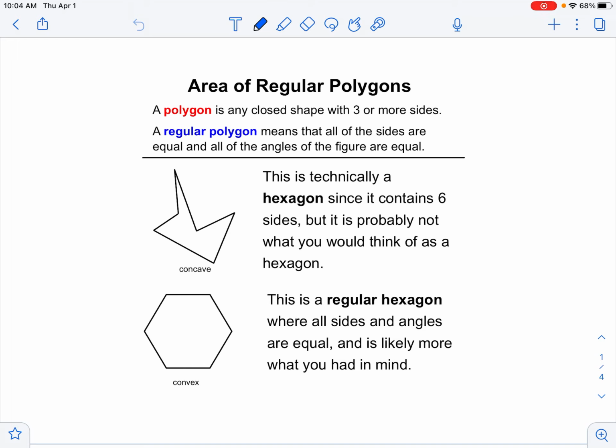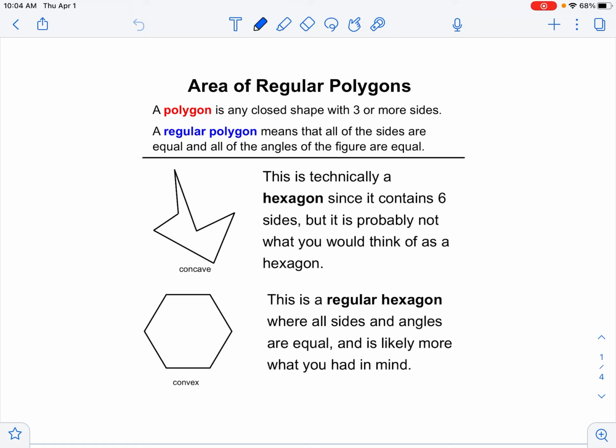Okay, so first off, a polygon is any closed shape with 3 or more sides. A regular polygon means that all the sides are equal and all the angles are equal. So if you look at right here, we also have 2 different types of polygons, convex and concave. The figures on the left, they're both hexagons, okay?